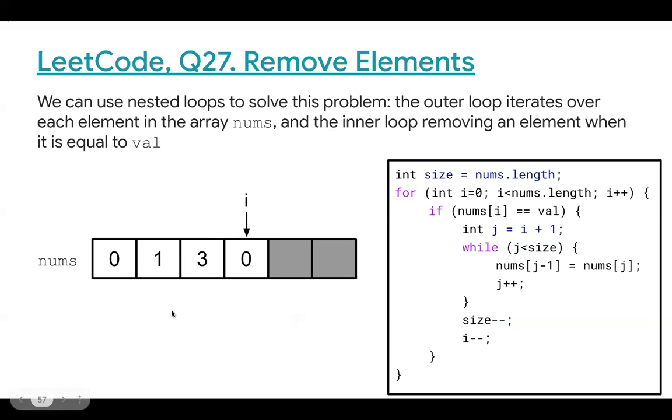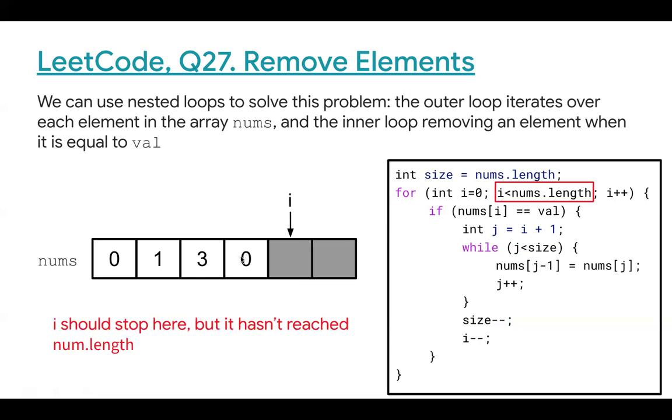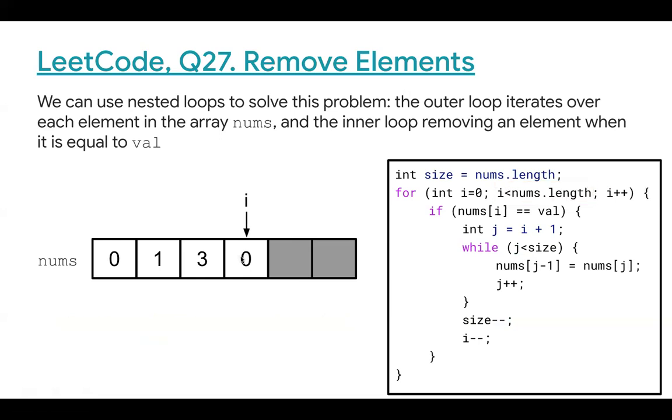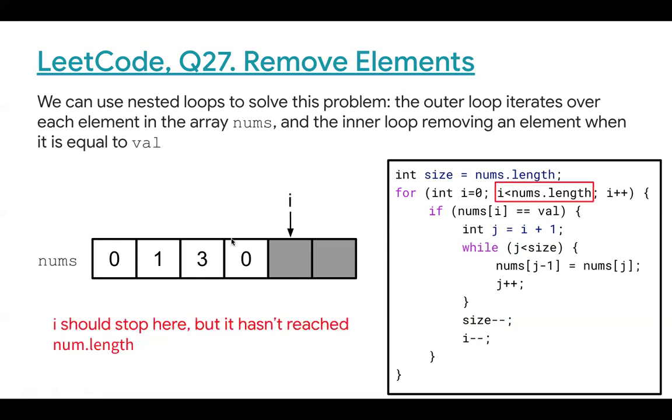Okay, and now let's look at i. We finish another iteration. So now i is here, and because 0 is not equal to val, we move to the next element.